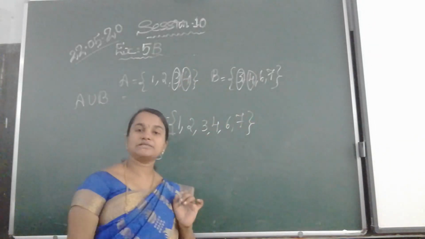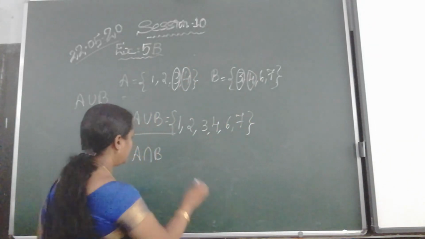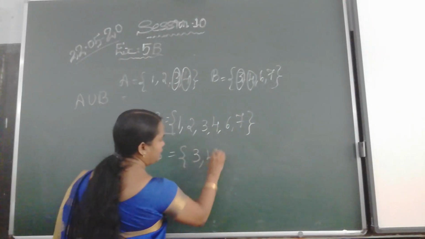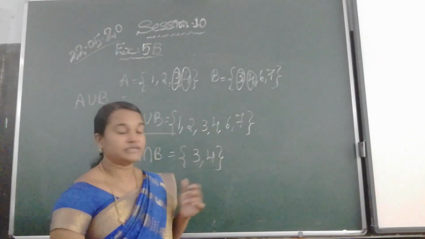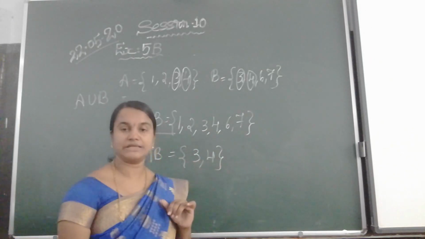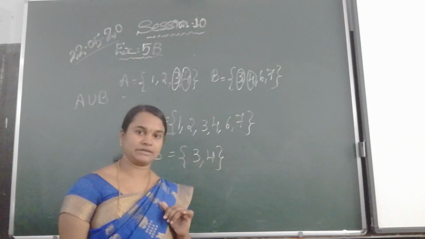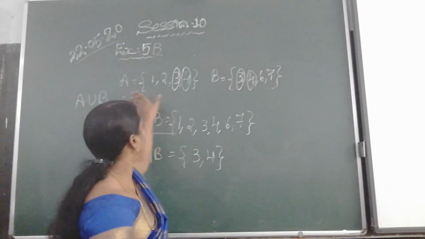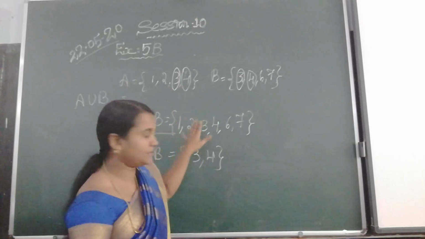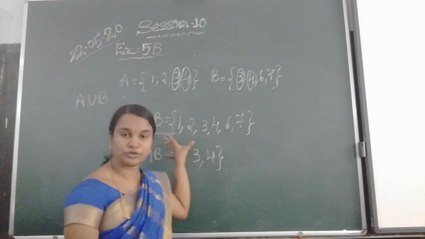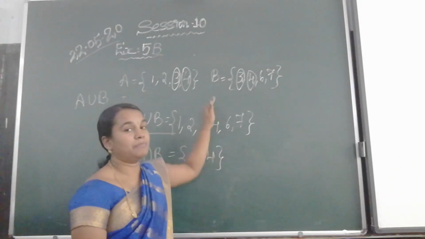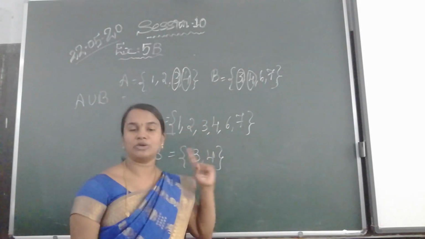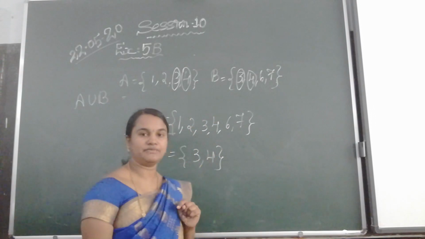Which elements are common, only those we will write. That means A intersection B is 3 and 4 only. Clear? A union B means all the elements in A and B together, but the common, repeated ones we won't write 2 times, only 1 time.